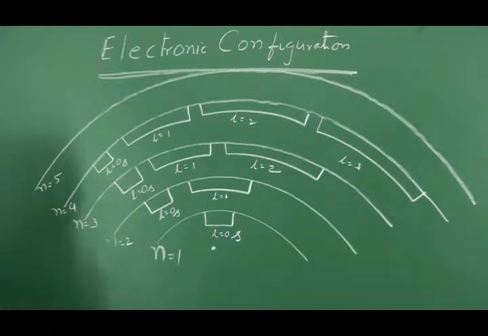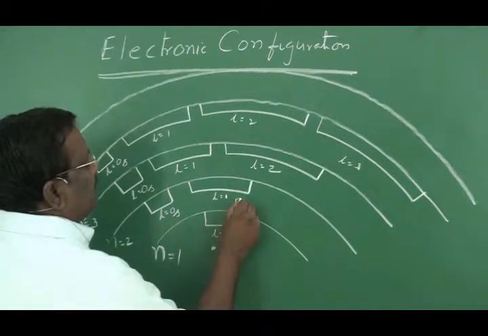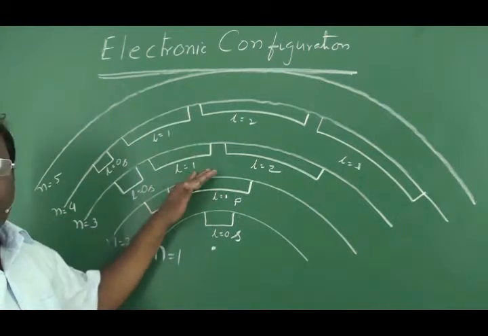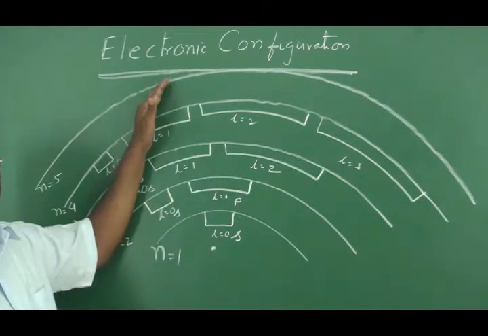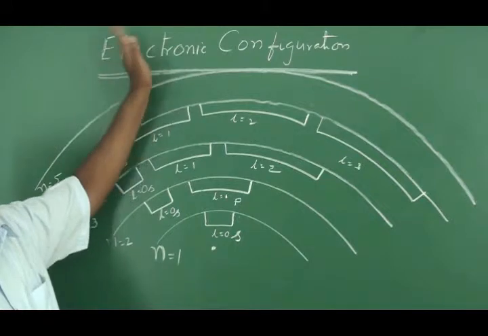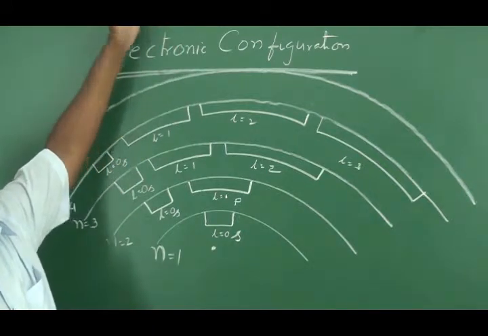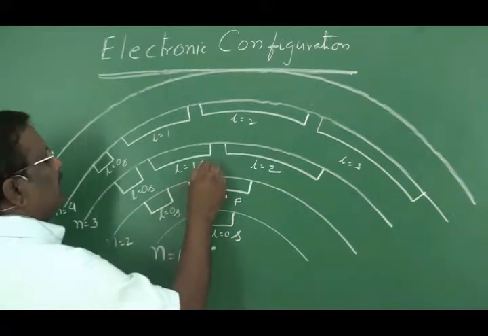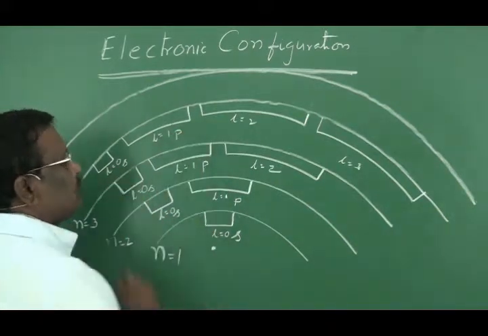If l is equal to 1, then it is called the p sub-energy level: 2p, 3p, 4p, 5p, 6p, 7p, and so on. So p is the sub-energy level for l equal to 1.